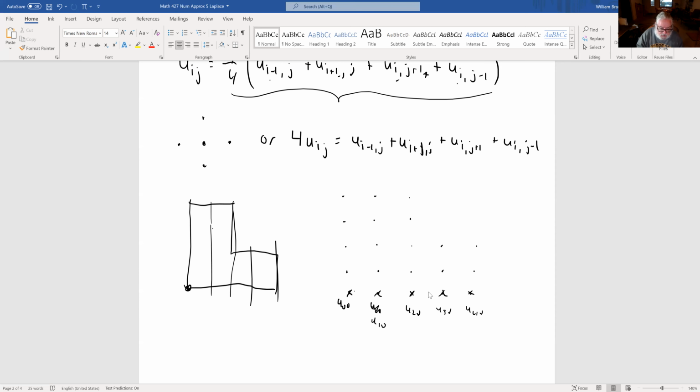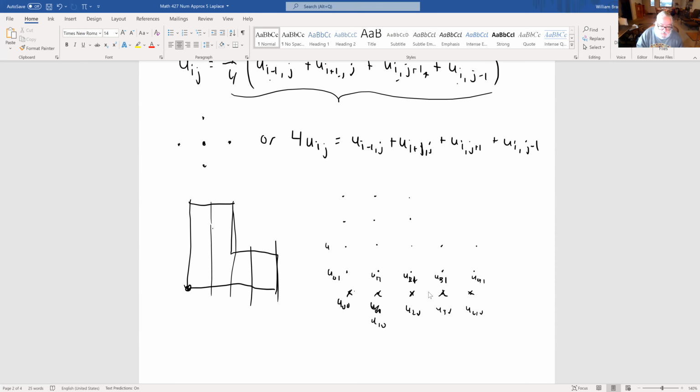For this next row, this point is U01, X coordinate of 0, Y coordinate of 1, U11, U21, U31, and U41.